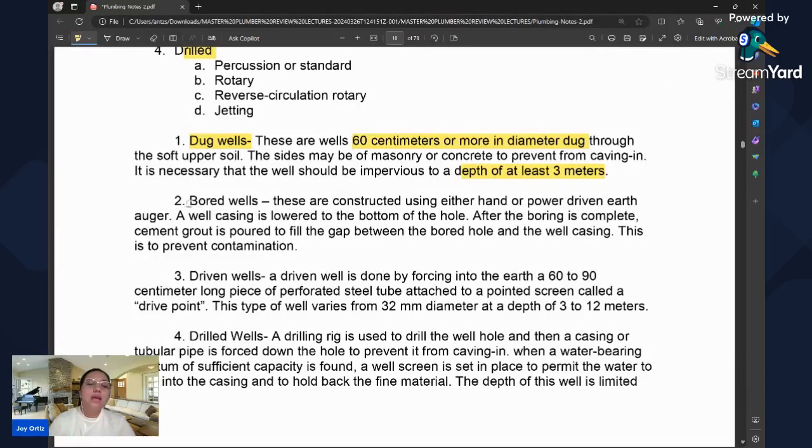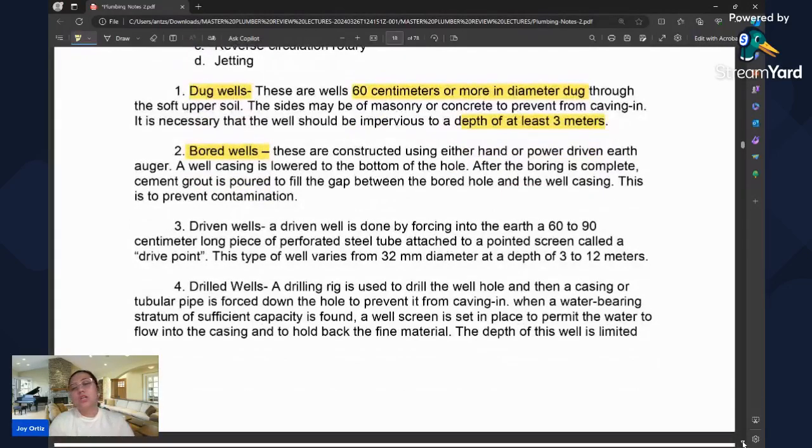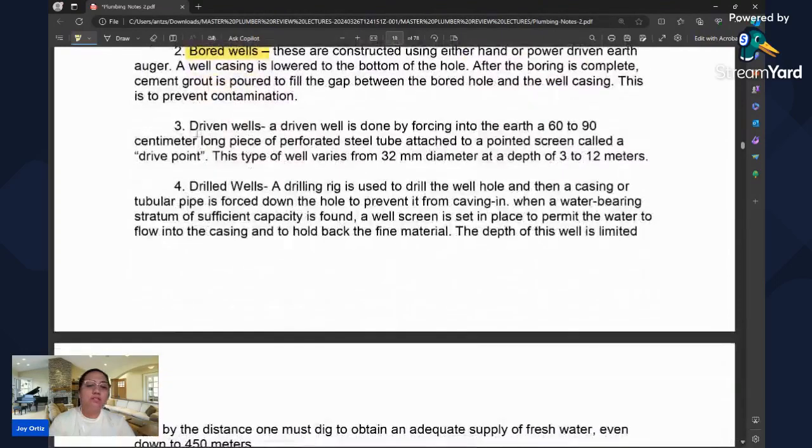Next is the bored wells. Bored wells, these are constructed using either a hand or power-driven earth auger, and a well casing is lowered to the bottom of the hole. After the boring is complete, cement grout is poured to fill the gap between the bored hole and the well casing. So this is to prevent contamination. Next is the driven wells.